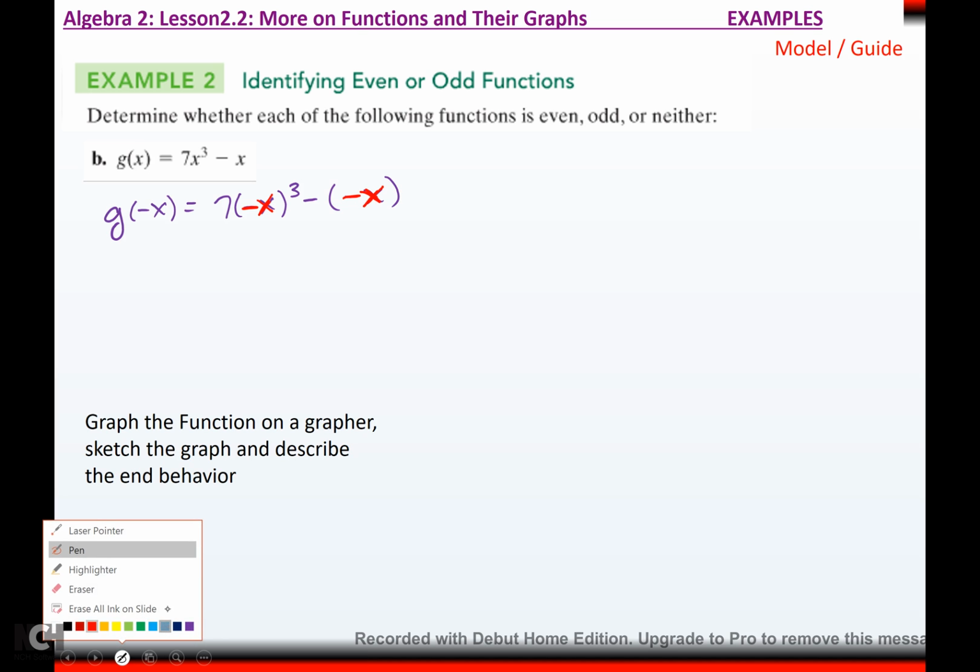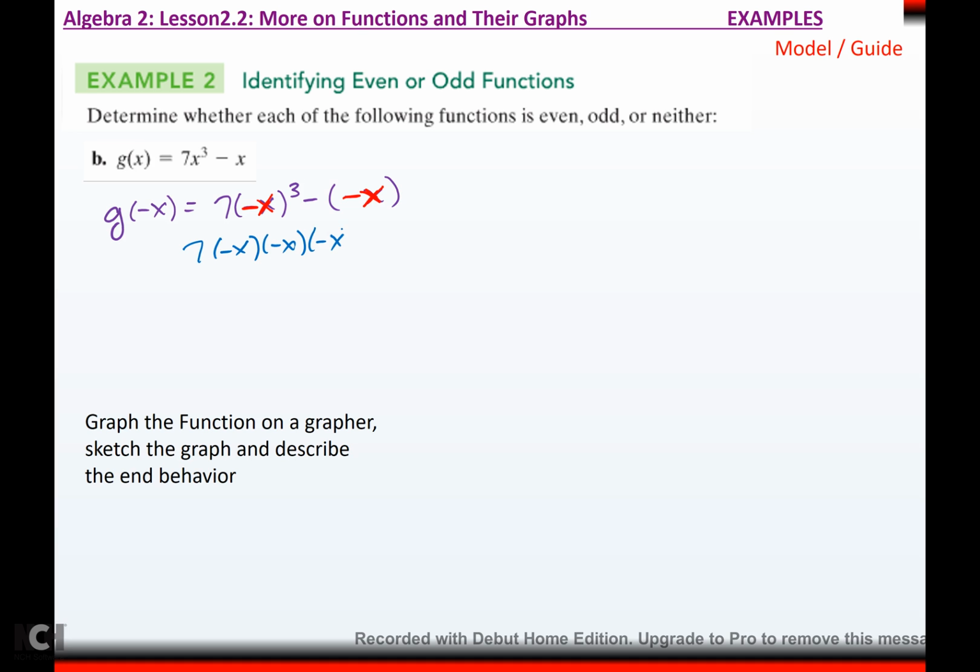Now, when I do the math, guys, this is 7 times 3 copies of negative x. Distribute here is a positive x. This is going to be negative 7x times negative x is positive 7x squared times negative x is going to be a negative 7x cubed, and that's going to be a plus x. There's my g of negative x.